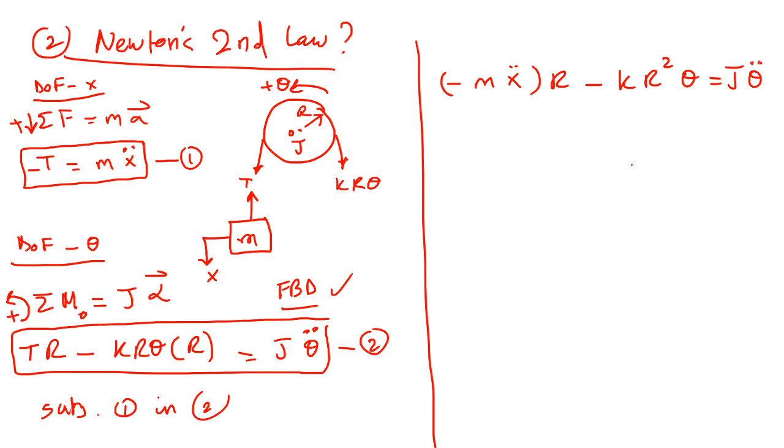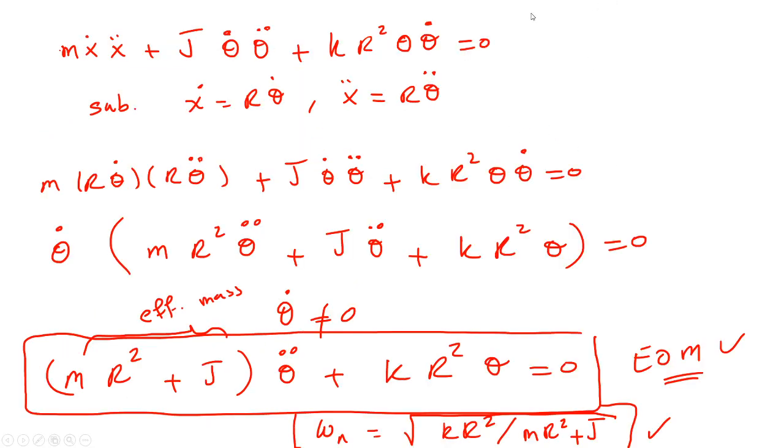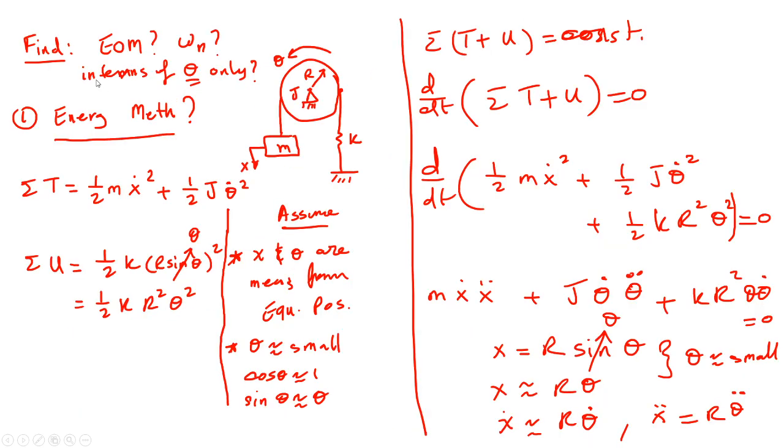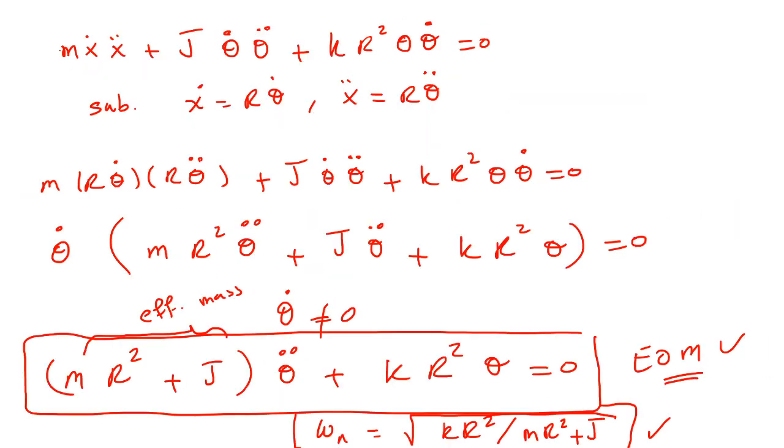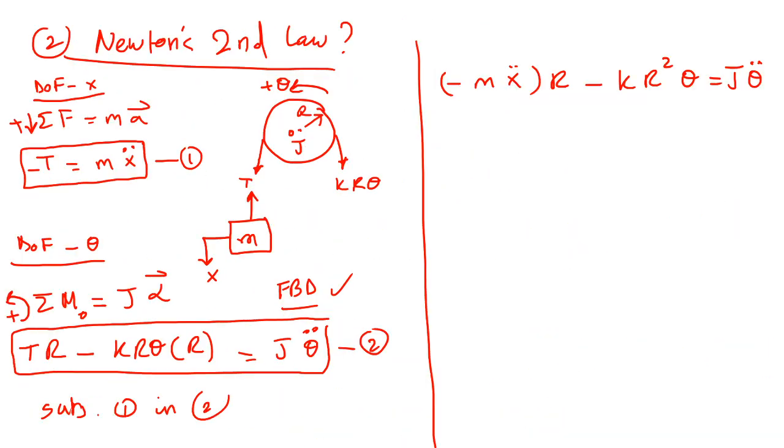Rearrange. Before you rearrange, you need to find what the question said. The question said find the equation of motion in terms of theta only. In any problem, usually it will define clearly what you want, like in the exam. Here it could ask for theta or x; it depends on the question. So what are you going to do now?